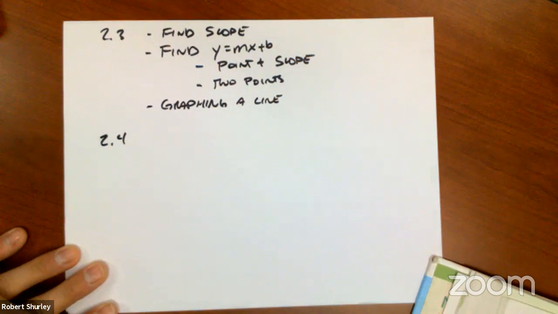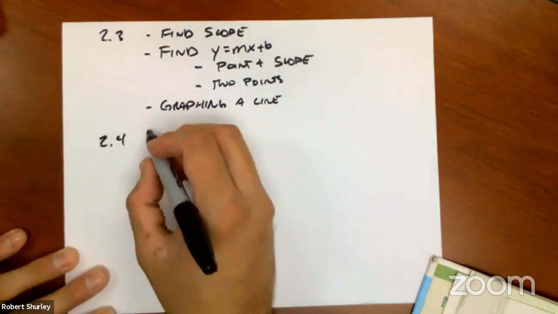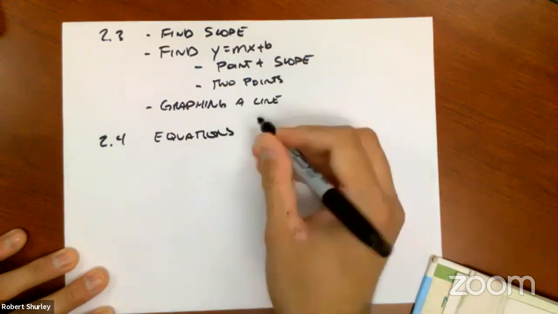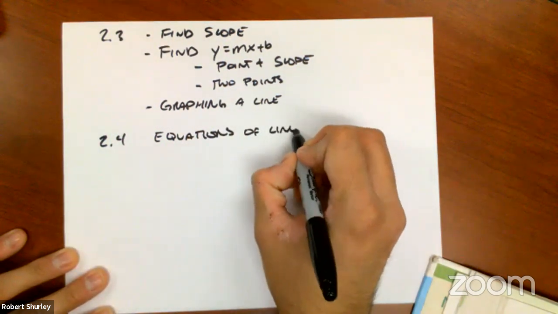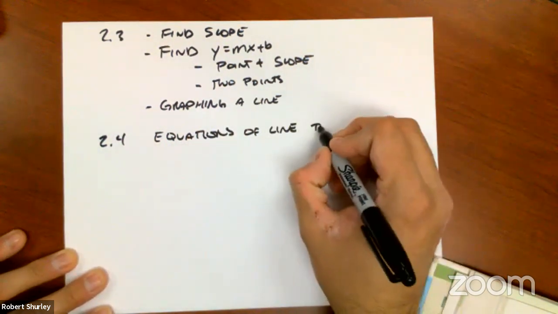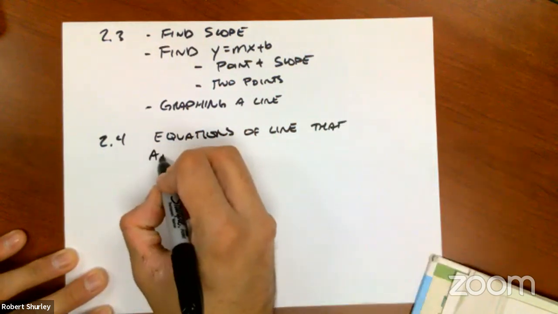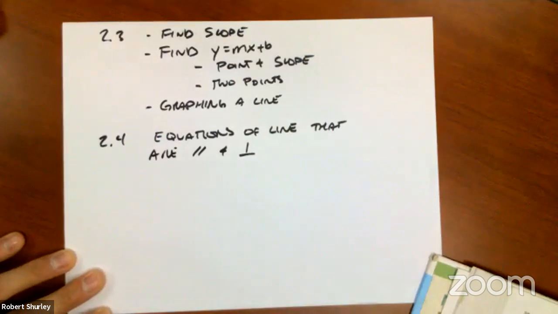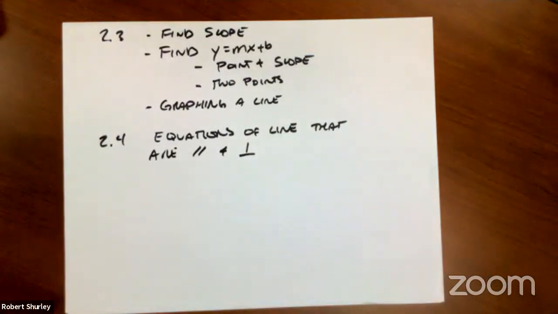2.4 though, we went over equations of lines that are parallel and perpendicular, right? So we had parallel and perpendicular lines.